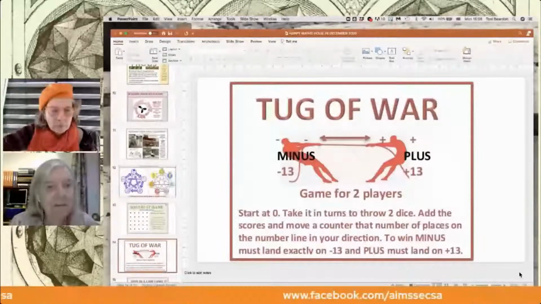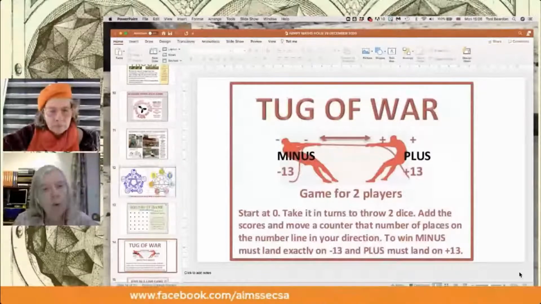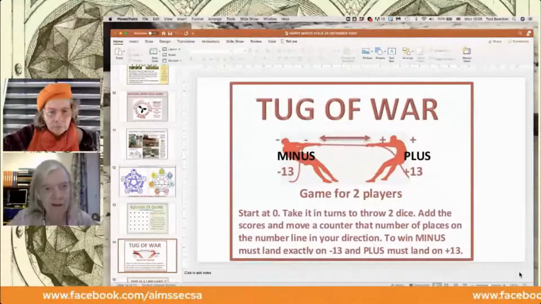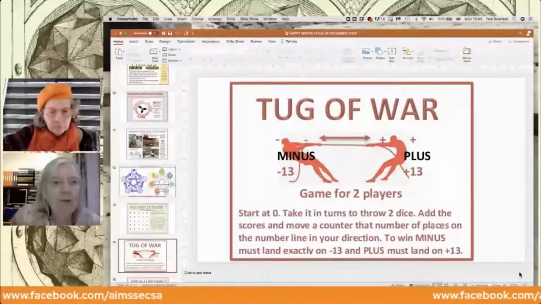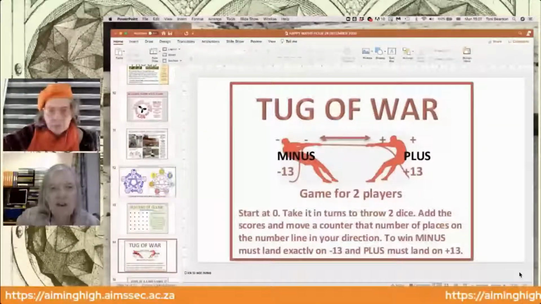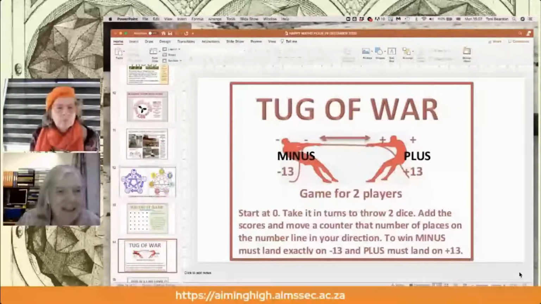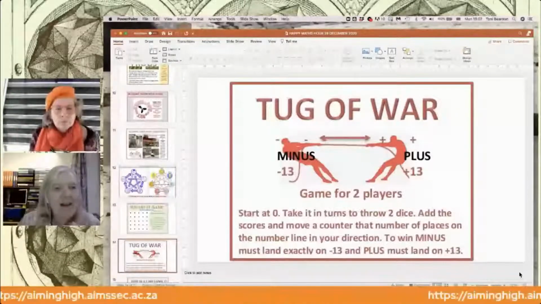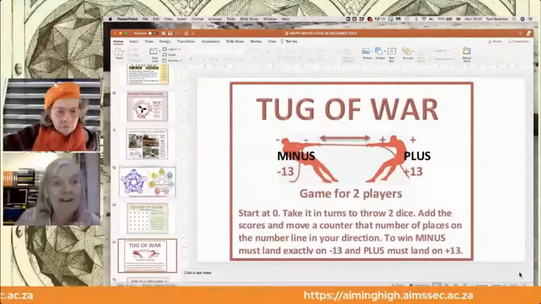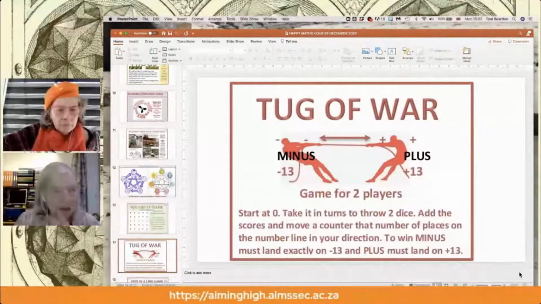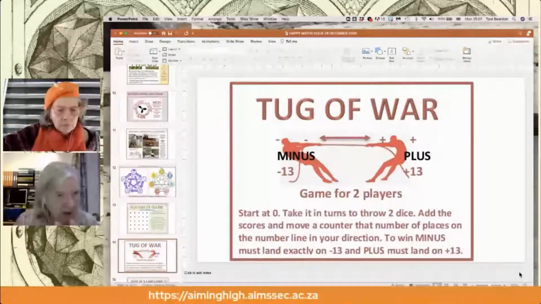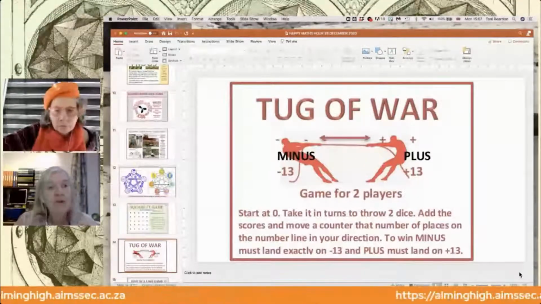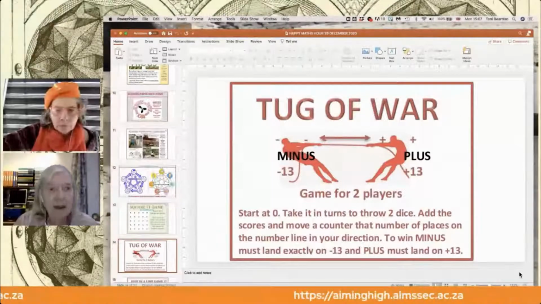And what's more, there's always something else if you go to the Aiming High website. What you have on the Facebook page is just a starter, just to get you going, to begin the activity. And then there's a lot more. We call it a learning pack. Each one of these starters has a learning pack on Aiming High, same name.